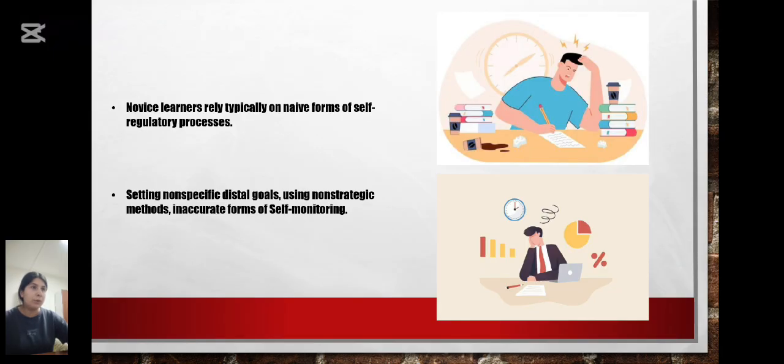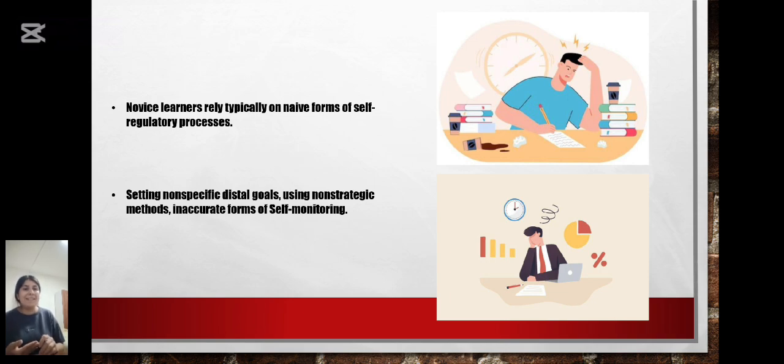So now let's move on to the novice learners. Novice learners typically rely on naive forms of self-regulatory processes, such as setting non-specific and distal goals, using non-strategic methods, and inaccurate forms of self-monitoring.